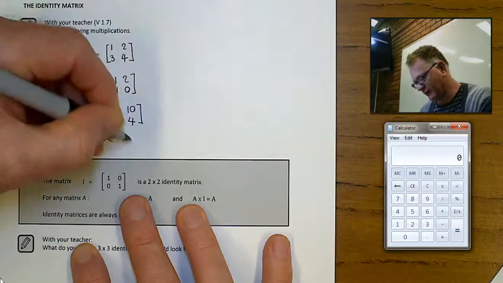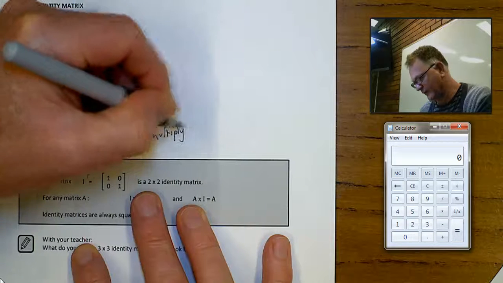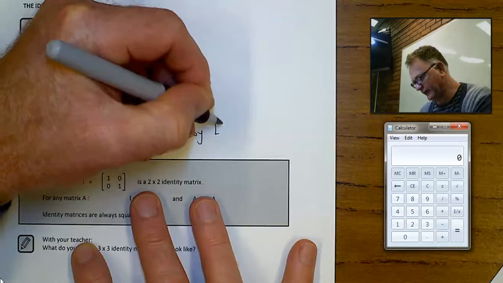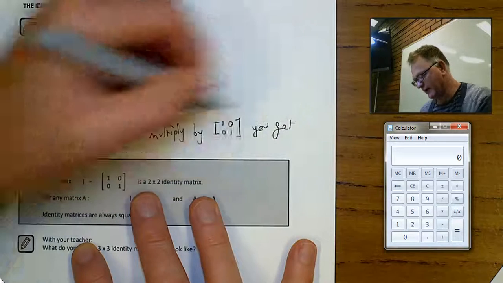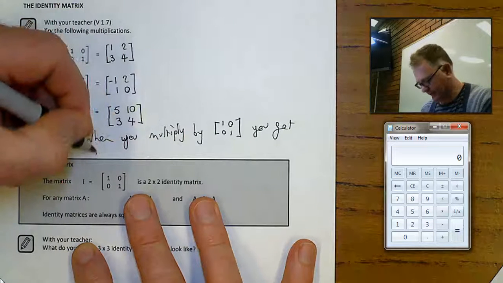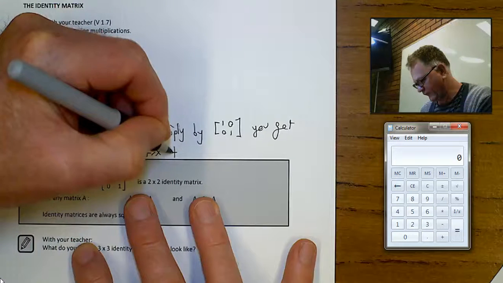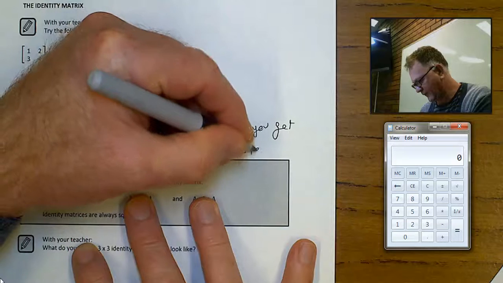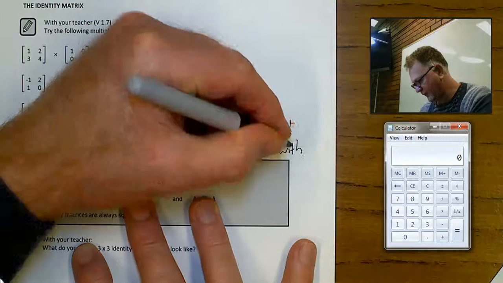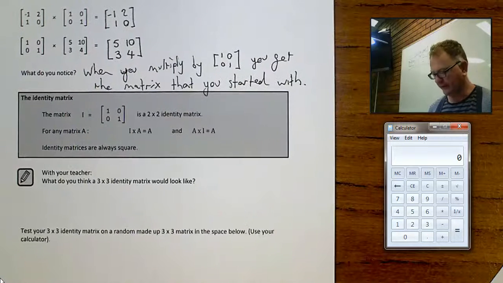When you multiply by the identity matrix, which is 1, 0, 0, 1, you get the matrix that you started with. There's some information about identities. Let's have a look at another question here.